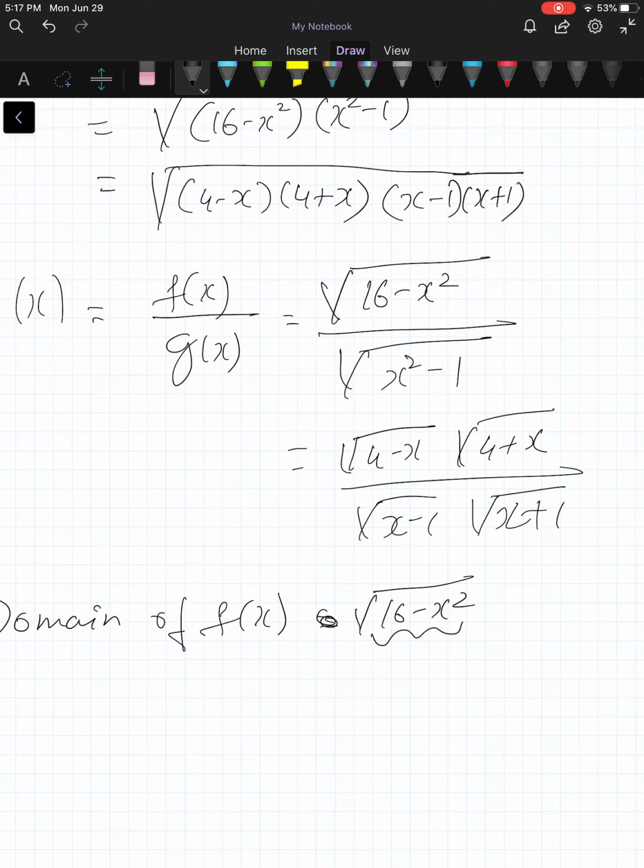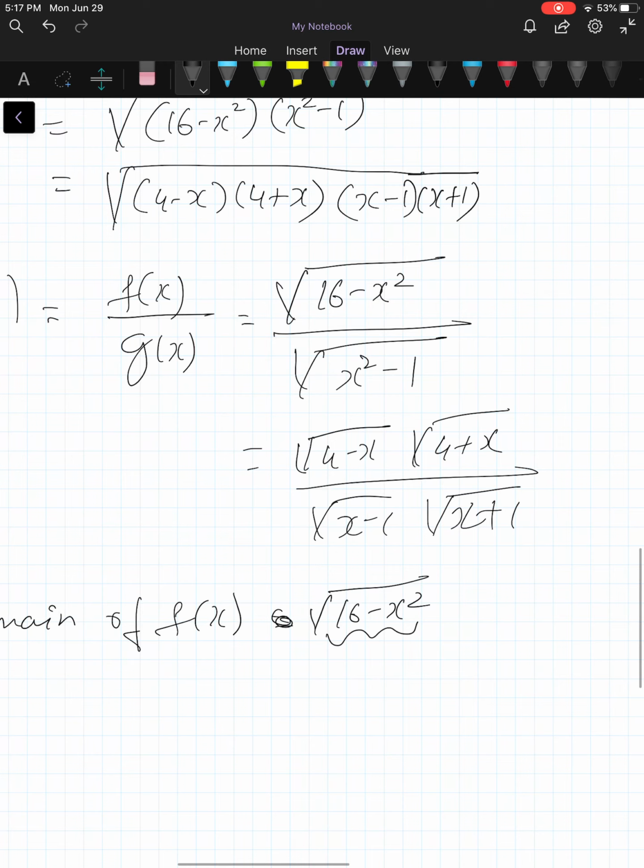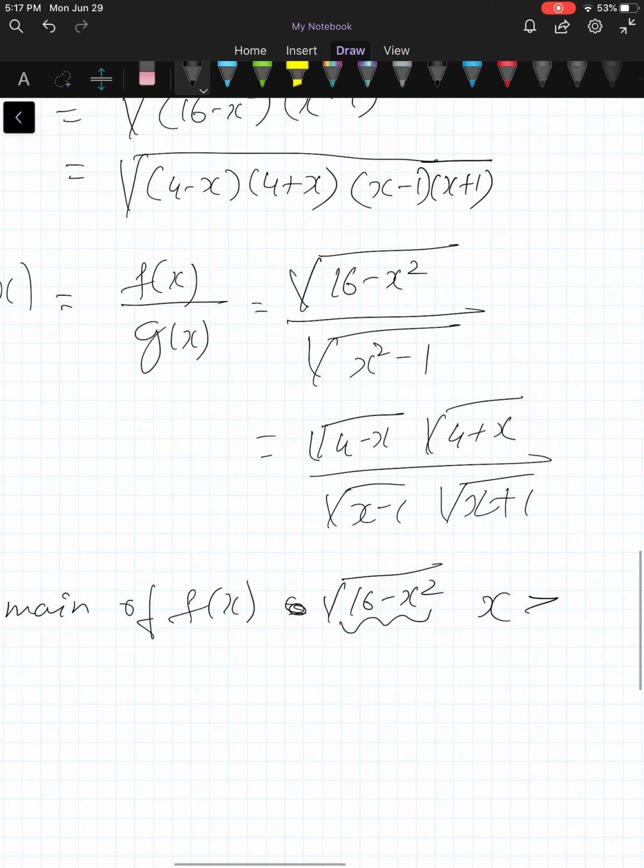So whenever x square is greater than 16, that means x is greater than plus 4 or less than minus 4. So x cannot be greater than plus 4 and x cannot be less than minus 4.